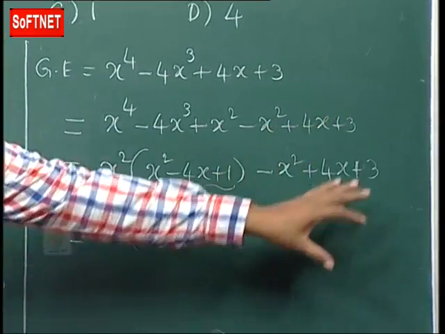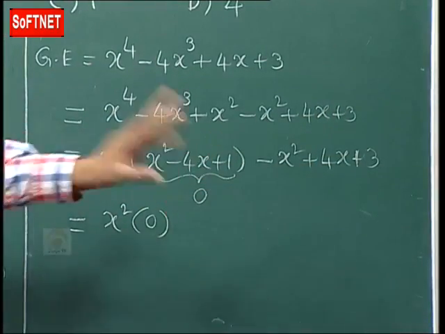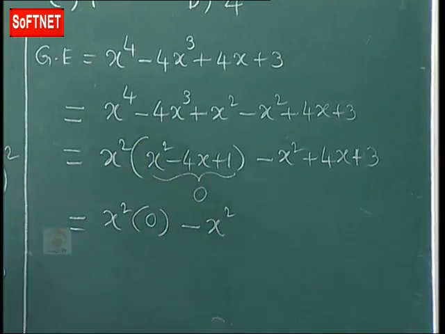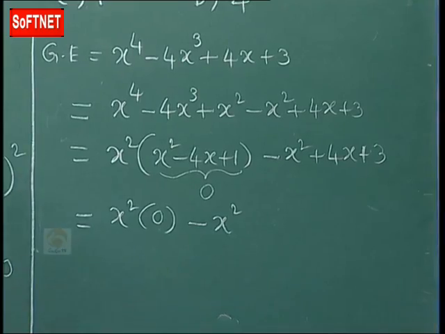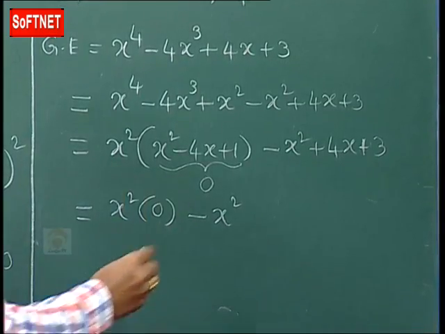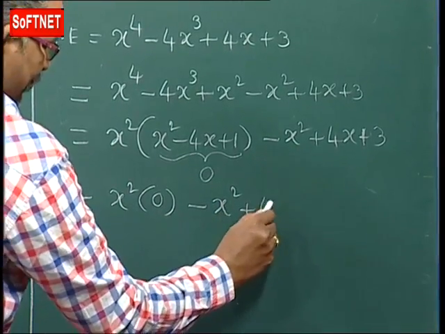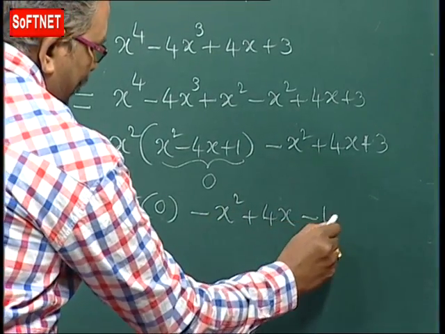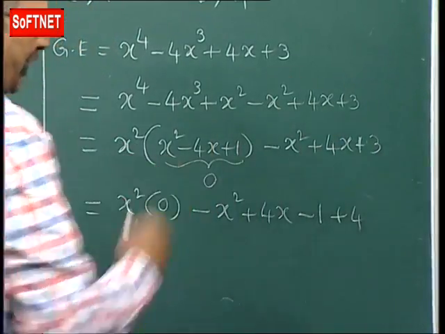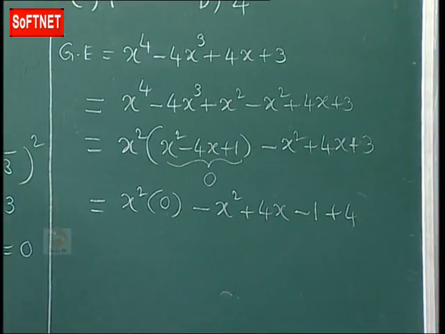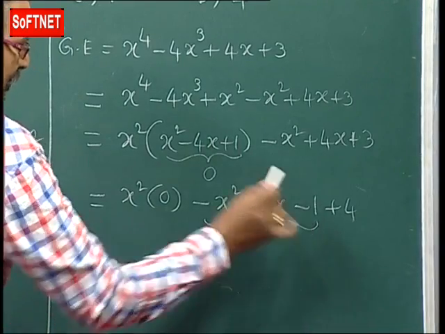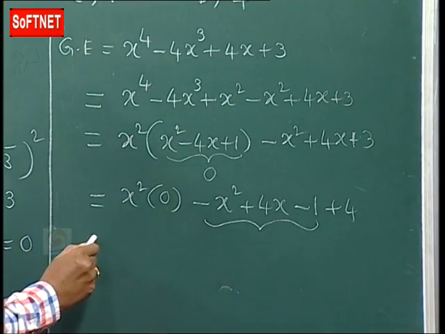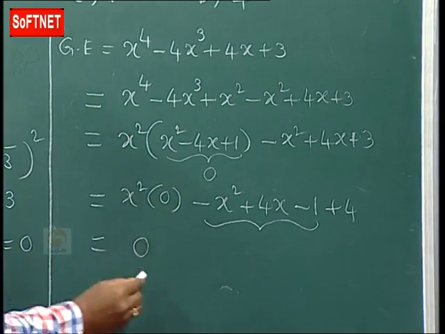Again, we have to rearrange the remaining 3 terms: minus x square plus 4x, and 3 we have written as minus 1 plus 4. From these 3 terms, let us take minus 1 common. See, what do we get? x square into 0, 0.